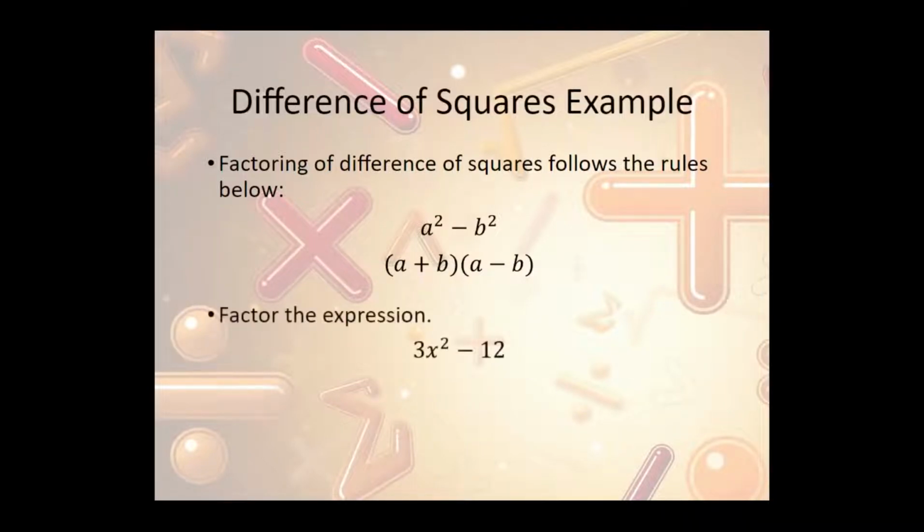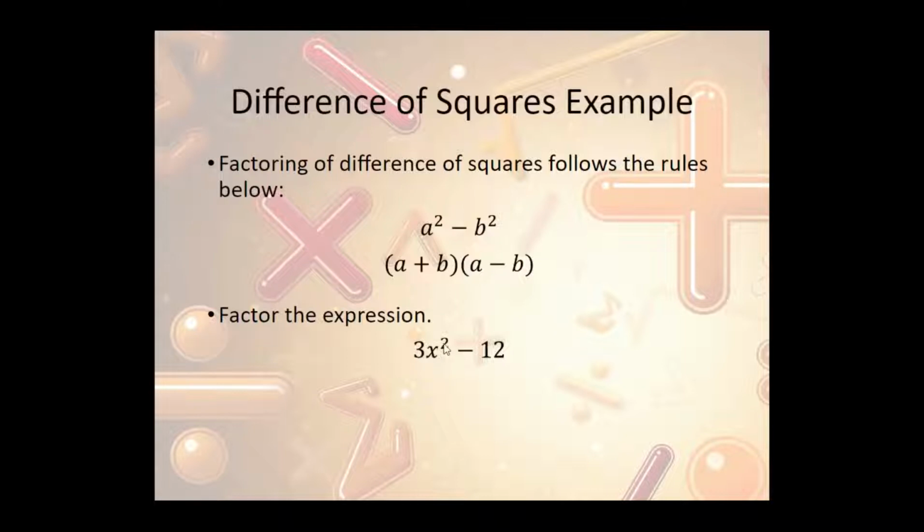Another example, 3x squared minus 12. Well, we can see that 3 is not a perfect square, and 12 is not a perfect square. However, we can see if we can use our method from yesterday as well. So we can see if we can factor out a common factor first. Is there anything in common between 3 and negative 12? Well, 3 is a factor of both 3 and negative 12. So let's go ahead and factor that out.